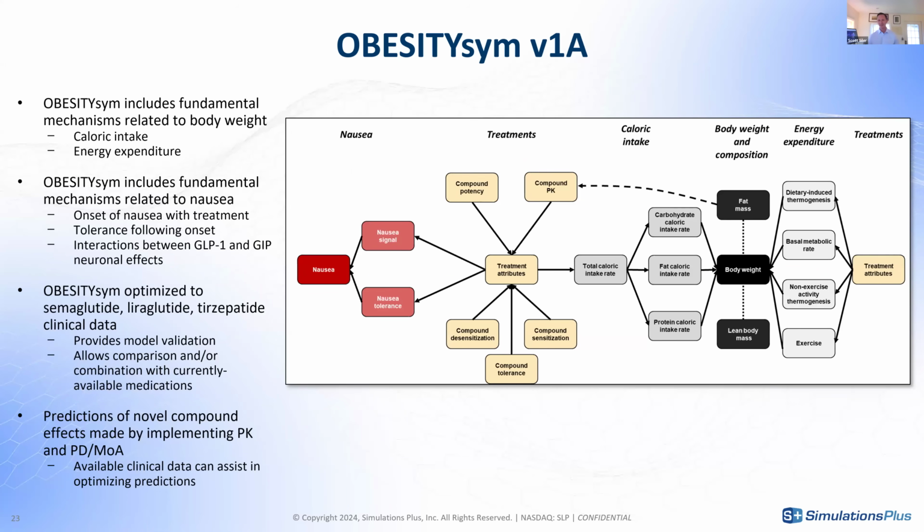Okay, so here is what I would describe as our summary diagram. It's a somewhat simplified version, but I think it nicely describes the key components of what's in OBESITYsym. I like to start in the middle, in the nodes that are in black: fat mass, body weight, lean body mass. So really that's the body composition.